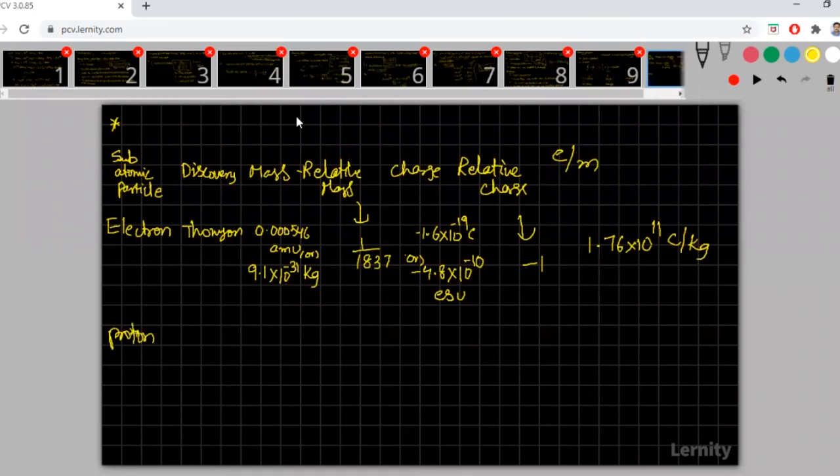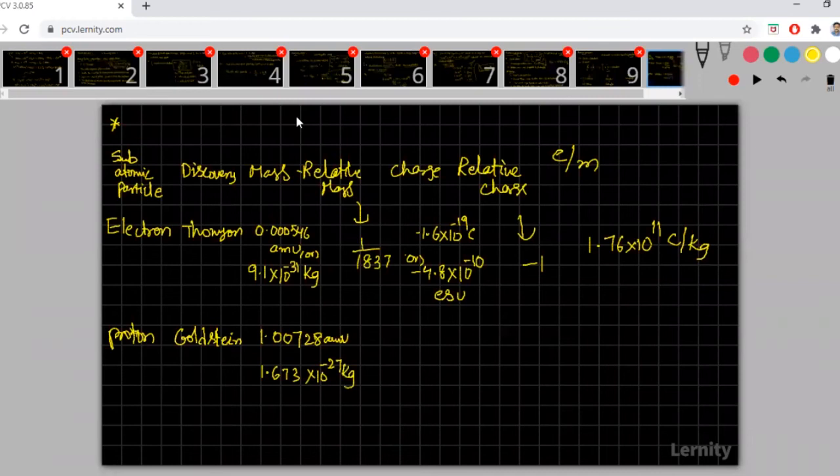Now I will move on to the proton. The proton was given by Goldstein. Here the mass is 1.00728 AMU, which in kg is 1.6726 × 10^-27 kg.